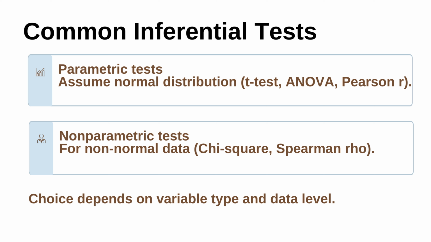Non-parametric tests are used when data don't meet normality assumptions. These tests include the chi-square test and the Spearman's rho. The choice depends on the type of variable and level of measurement. Example, chi-square for nominal data, and t-test for ratio or interval data.